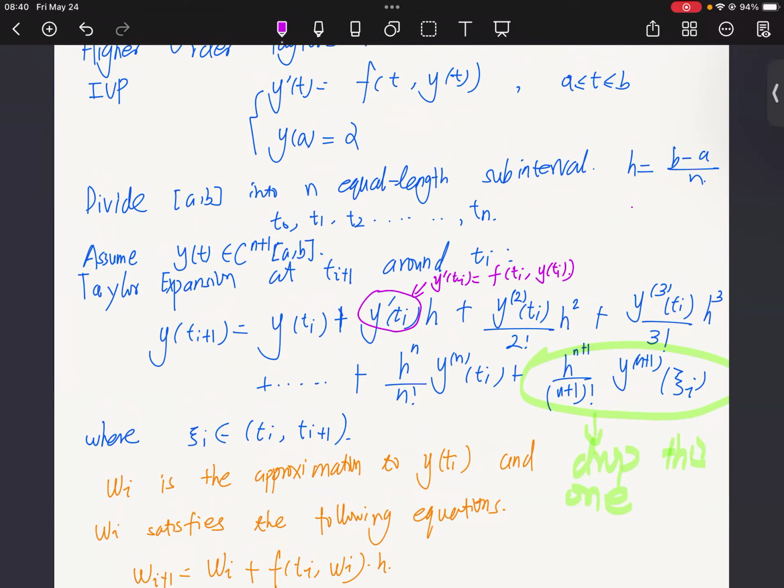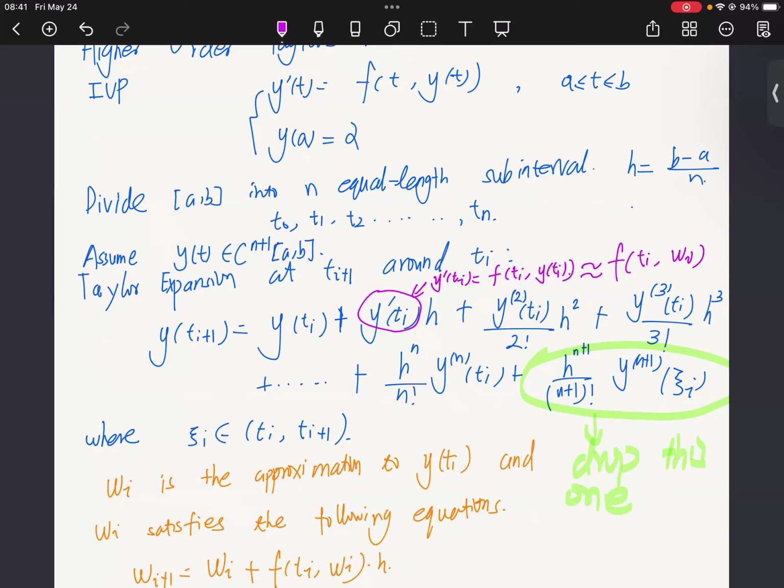But we also state that w_i is the approximation to y(t_i), so on the right hand side we approximate with f(t_i, w_i). This is because w_i is the approximation to y(t_i). We approximate this y(t_i) with this, and replace y(t_i) with w_i. That's why I have this item here.